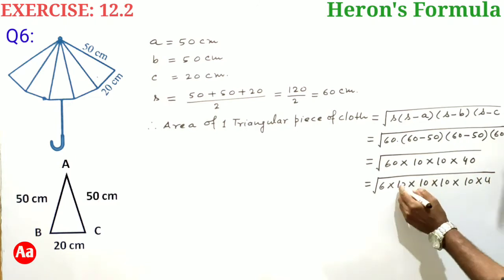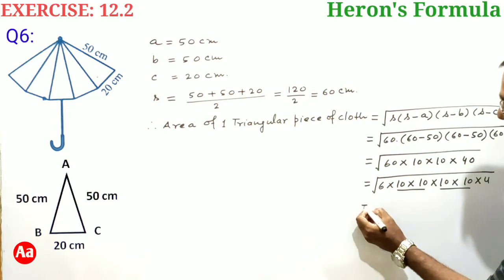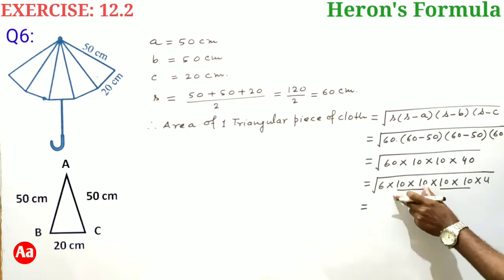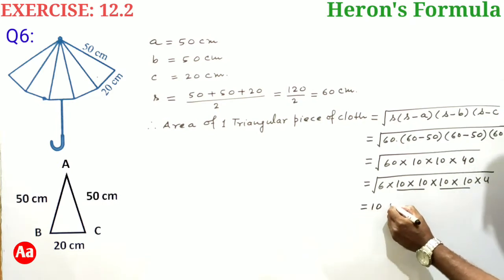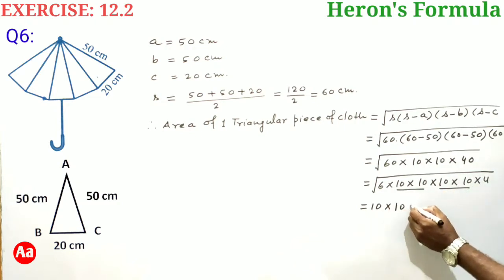So 10 into 10 makes one pair of factors of the same type, so the square root of 10 into 10 will be 10. Another pair also will be 10.